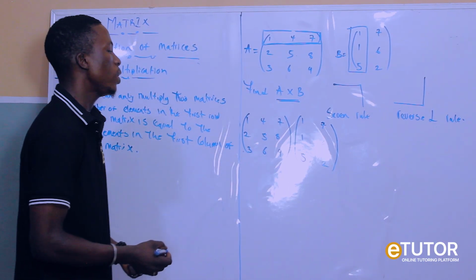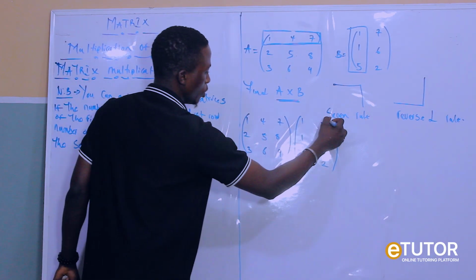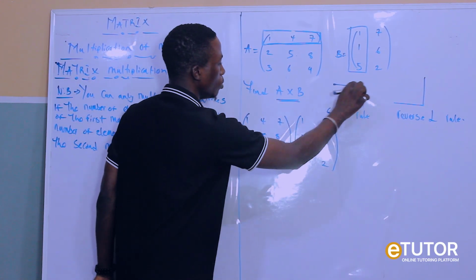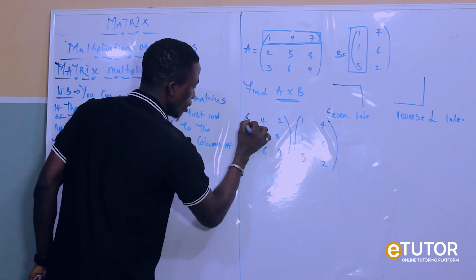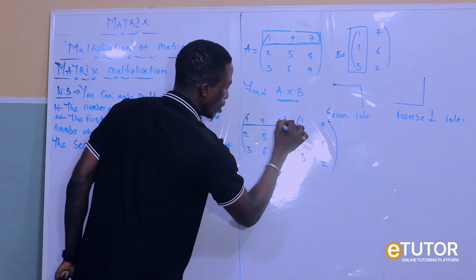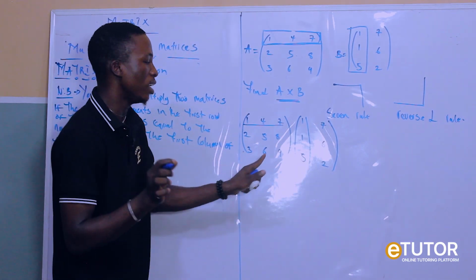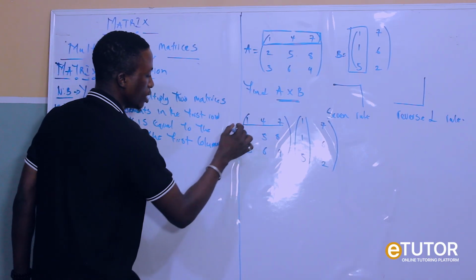Now we have determined that we can multiply these two matrices, so let us do that together. The first rule is the 7 rule, where you multiply the elements here with the elements here. In a nutshell, multiplying matrices just involves multiplying the rows with the columns.